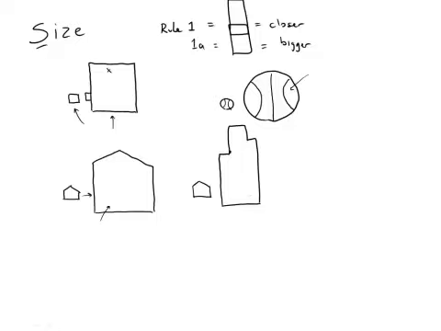Let's move on then to P, which was position. So I've got my square. It's over here, and I've got a bigger square over here, so I'm changing size, but now I'm also going to change position. Now there's a rule regarding position as well. If I look at those two squares, let's make two squares that are the same size.